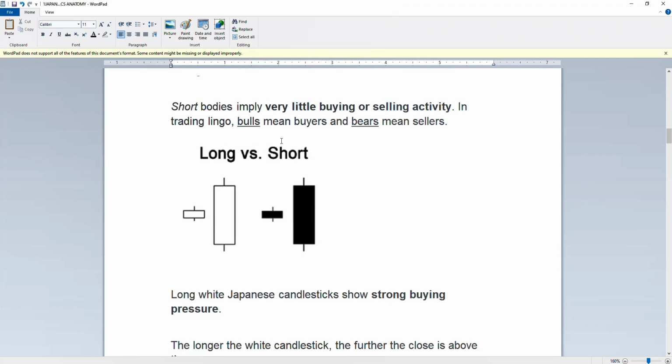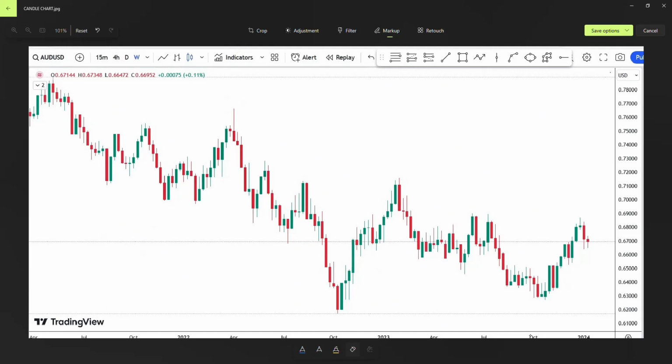On the other hand, if the size of the bullish candle is very big, it shows that the buyers were so in control of the market. The other scenario, if we have a sell market and the sell candle is very small, it means the sellers ran out of strength. But if the size of the candle is very big, it means that the sellers were so in control of the market. Let us look at an example.